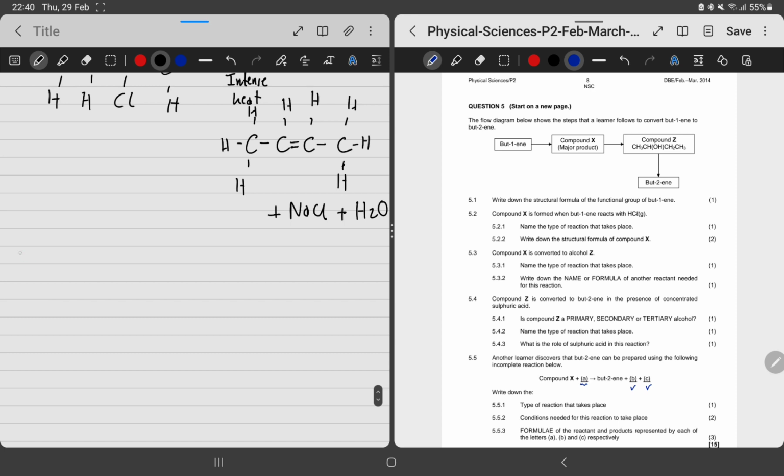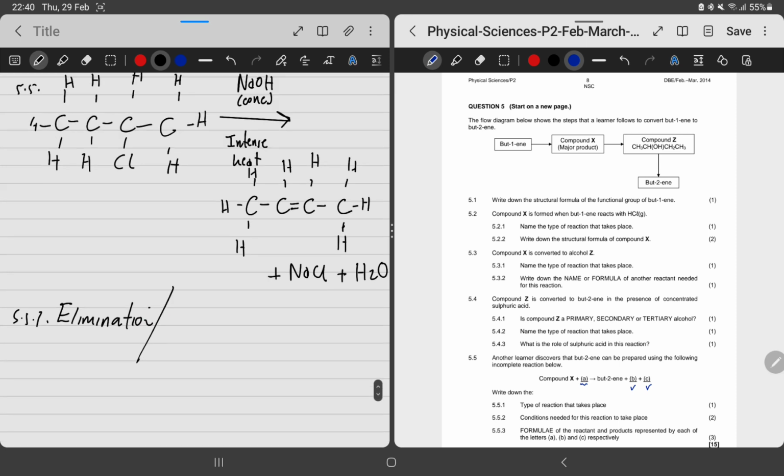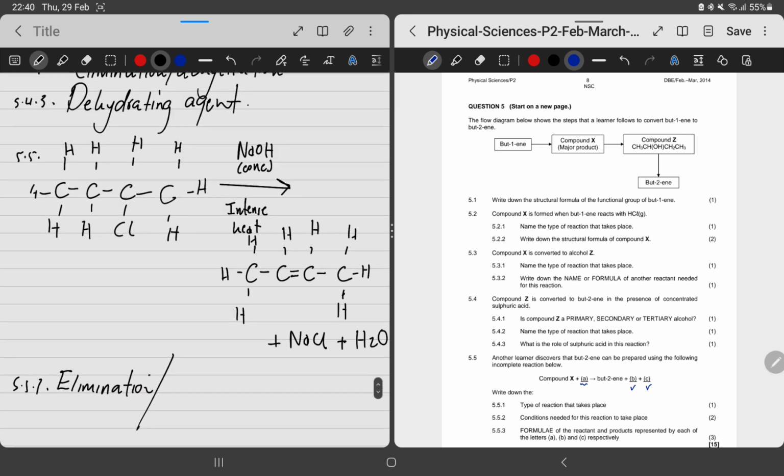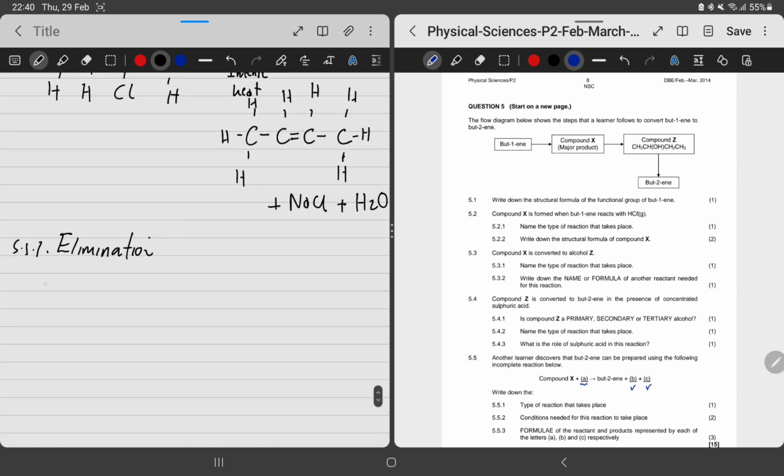Okay, so this is 5.5.1. The type of reaction that takes place is elimination, or you can say it is dehydrohalogenation, because you are removing a halogen with a hydrogen. 5.5.2.